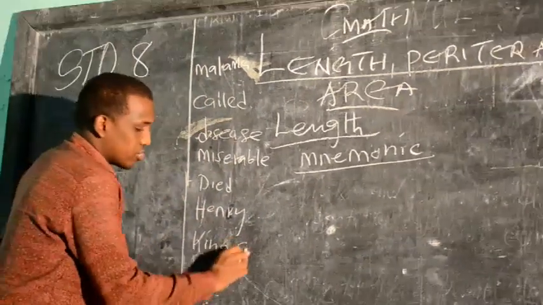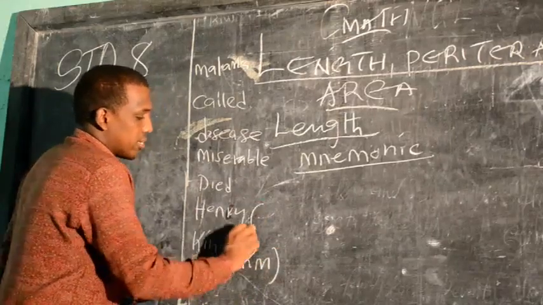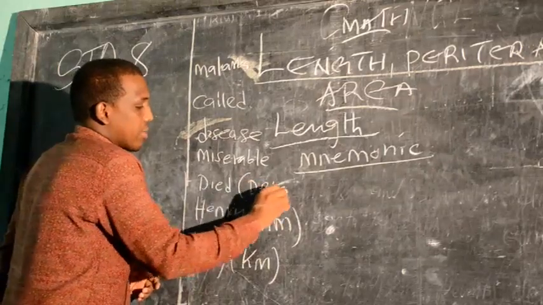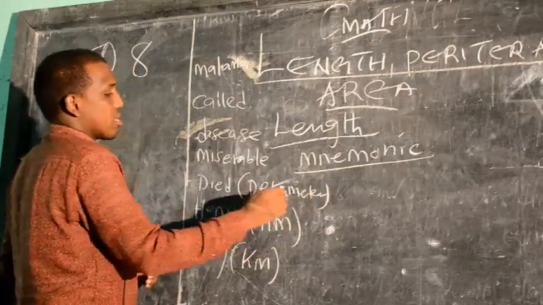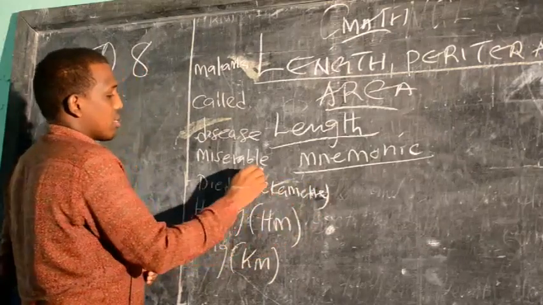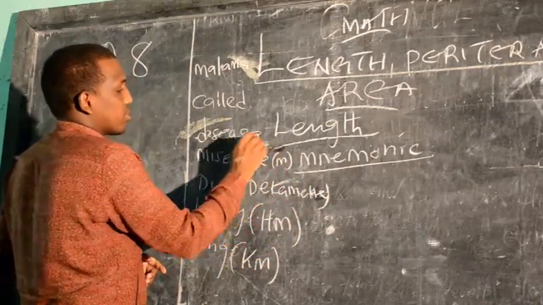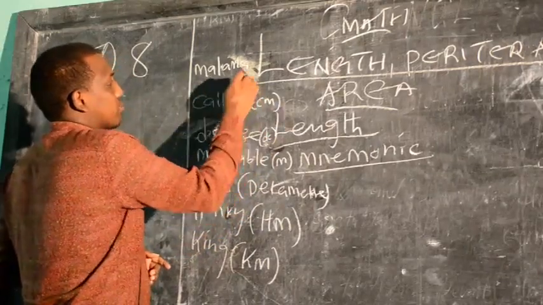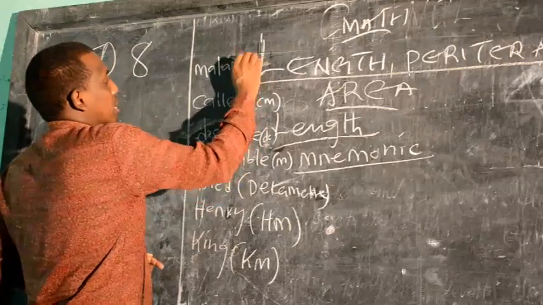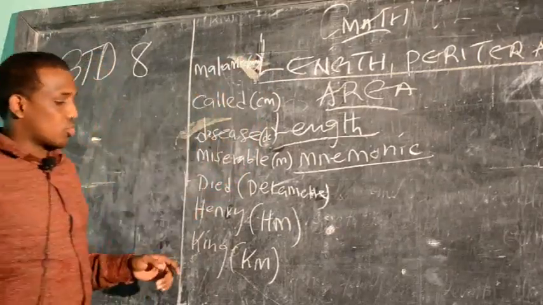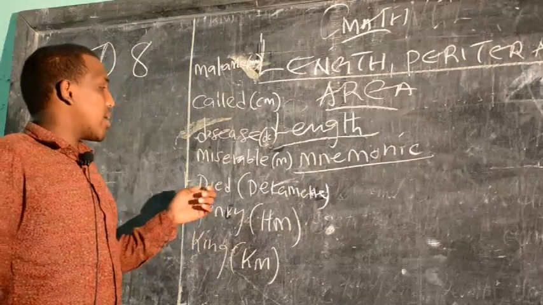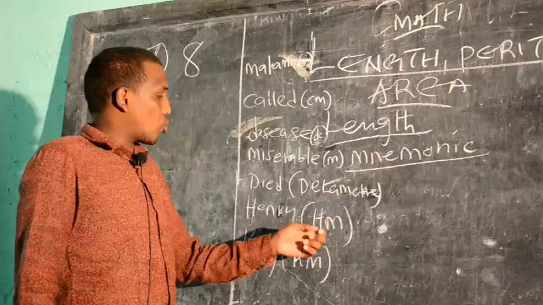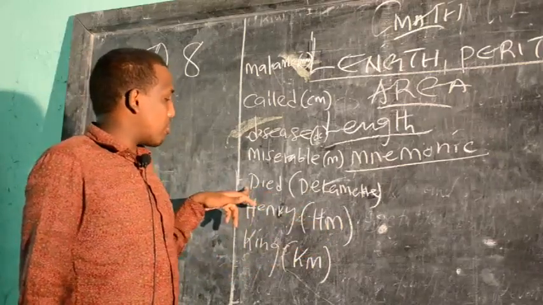King means kilometer, Henry means hectometer, died means decameter, miserable means meter, disease means decimeter, called means centimeter, malaria means millimeter, mm.